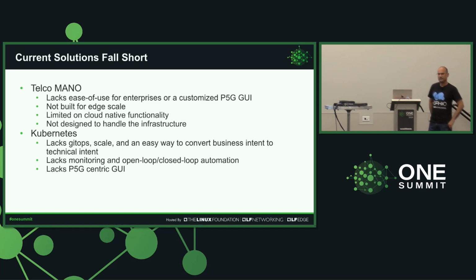The cloud-native functionality is coming, but it's still limited. And it's not designed to handle the underlying infrastructure typically. Kubernetes is great, but it lacks GitOps, scale, and an easy way to convert business intent to technical intent. It lacks monitoring and closed-loop automation capabilities, and it lacks a private 5G-centric GUI.